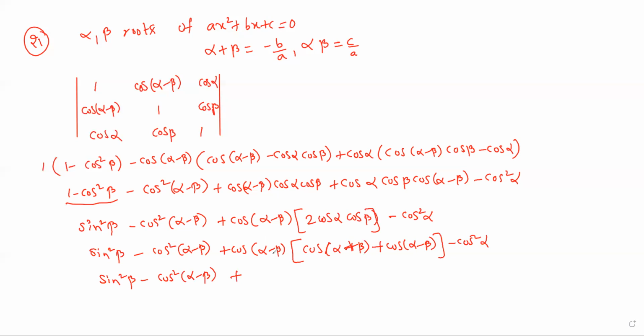If you multiply cos of alpha minus beta inside, what will you get? Cos of alpha minus beta into cos of alpha plus beta plus cos square of alpha minus beta, minus cos square alpha. Now these two terms get cancelled. Now here, what terms exist now?